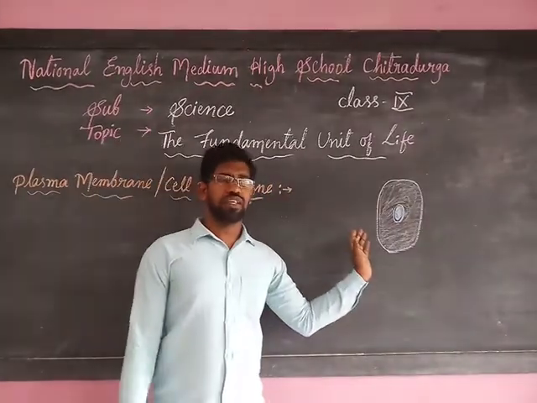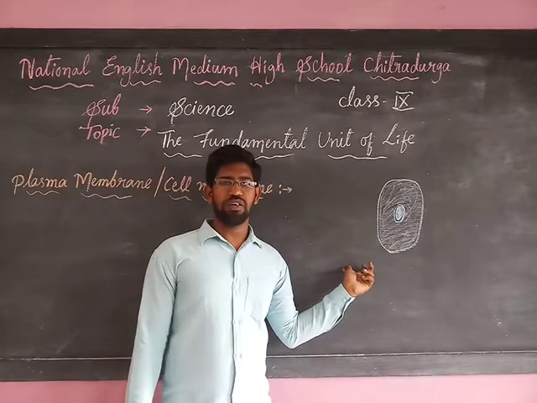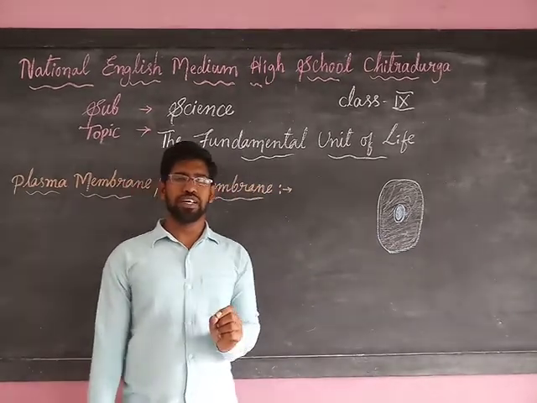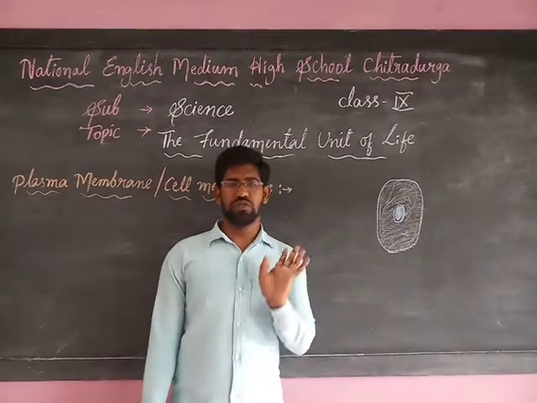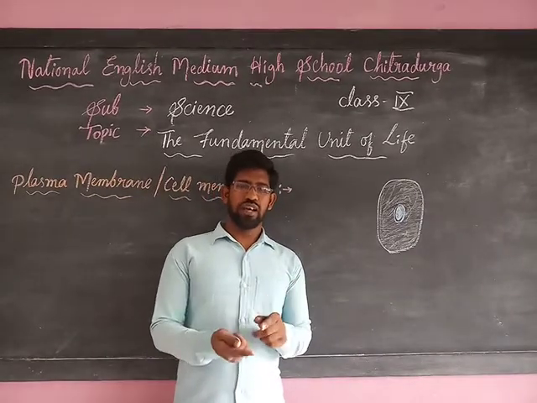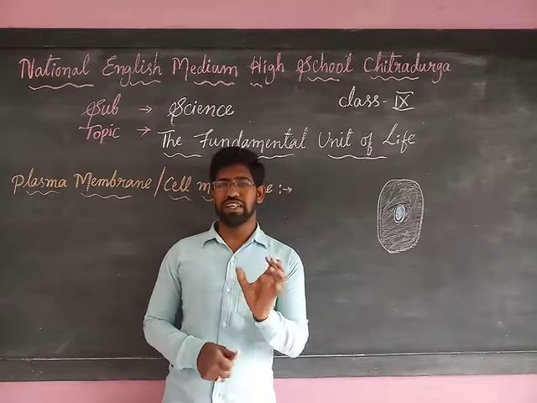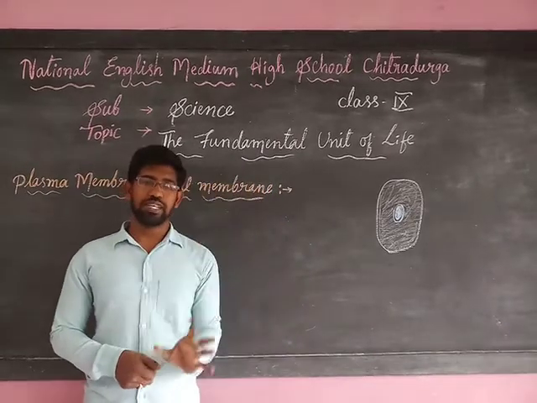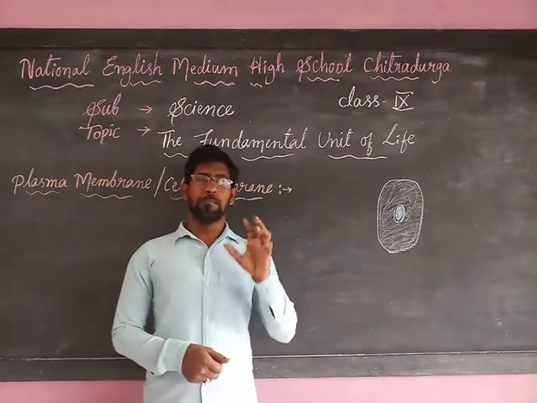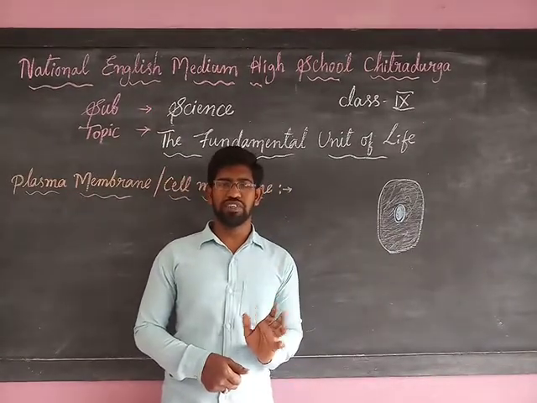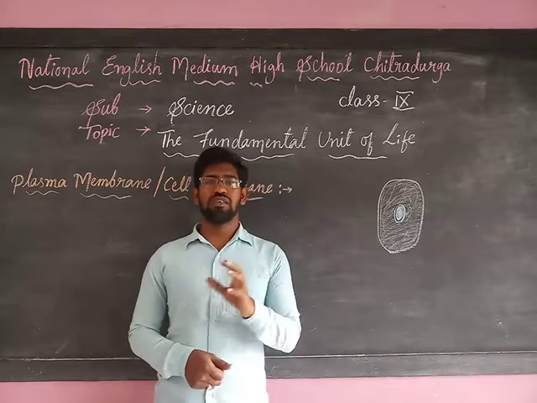Then why is it present? The cell membrane is very important because it allows some materials in and out. They are allowing some materials inside and they are allowing some to go outside also. At the same time, they also prevent the entry of some materials which are not necessary, which are harmful.